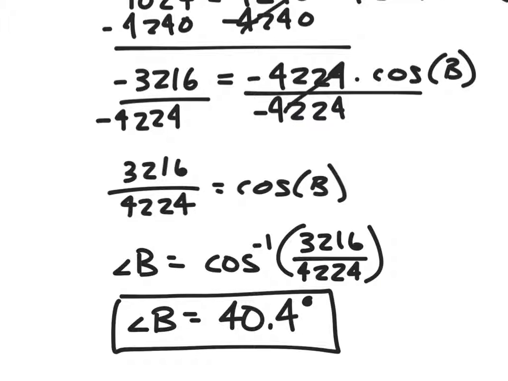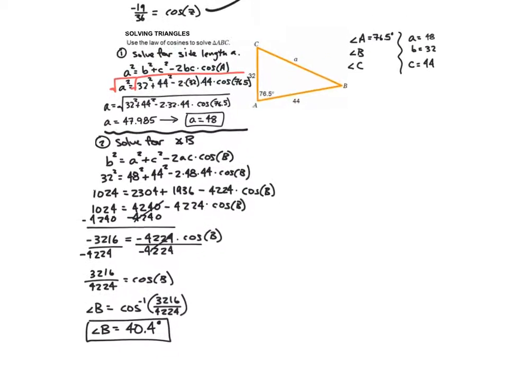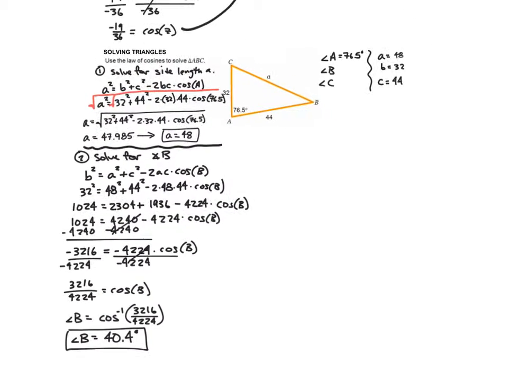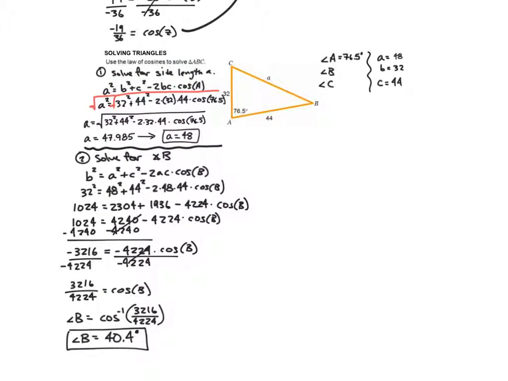And it should make sense. You should get an angle measure that's obviously below 180, but it should make sense to you, okay? It should make sense because angle A is 76.5, and that's across from the longest side, which is 48.